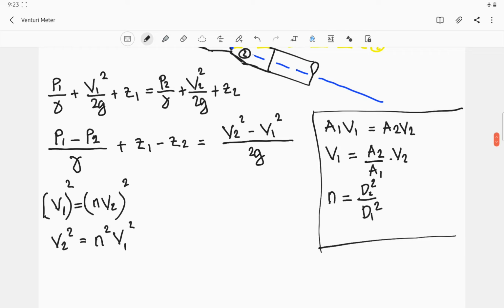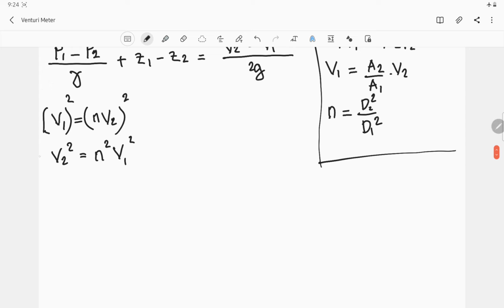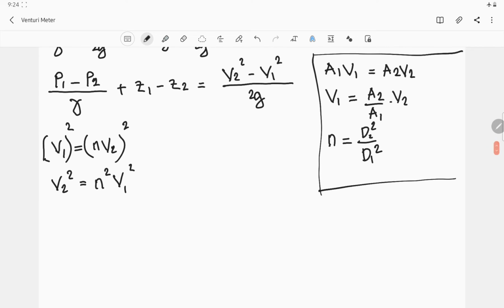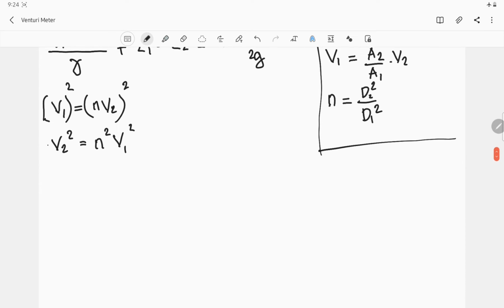But it's okay if you find in other books or reviewers, some express V1 in terms of V2, others V2 in terms of V1. Either way, the answer is the same. So expressing V2 in terms of V1, we can substitute this equation.